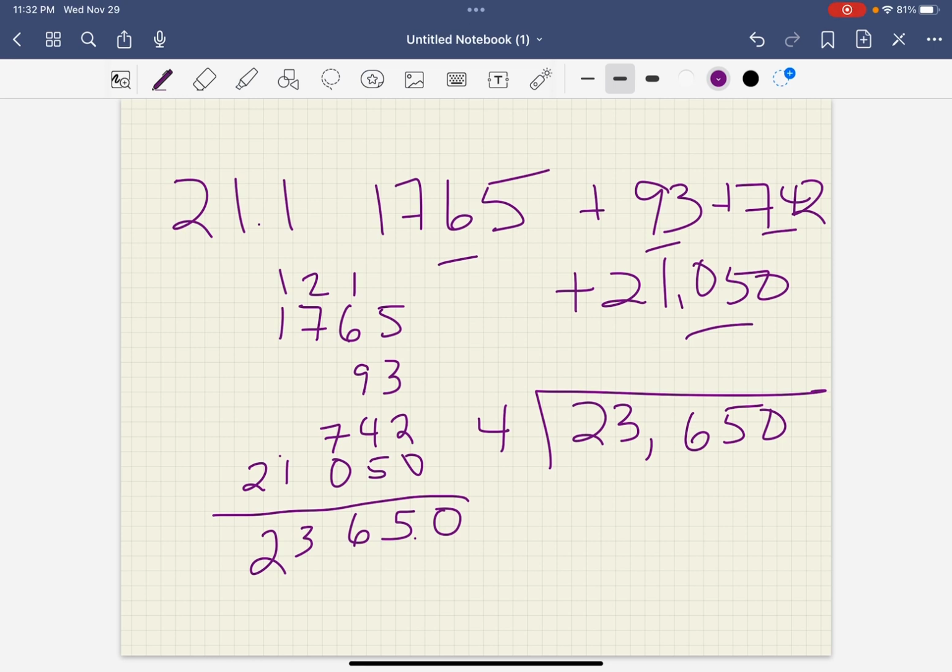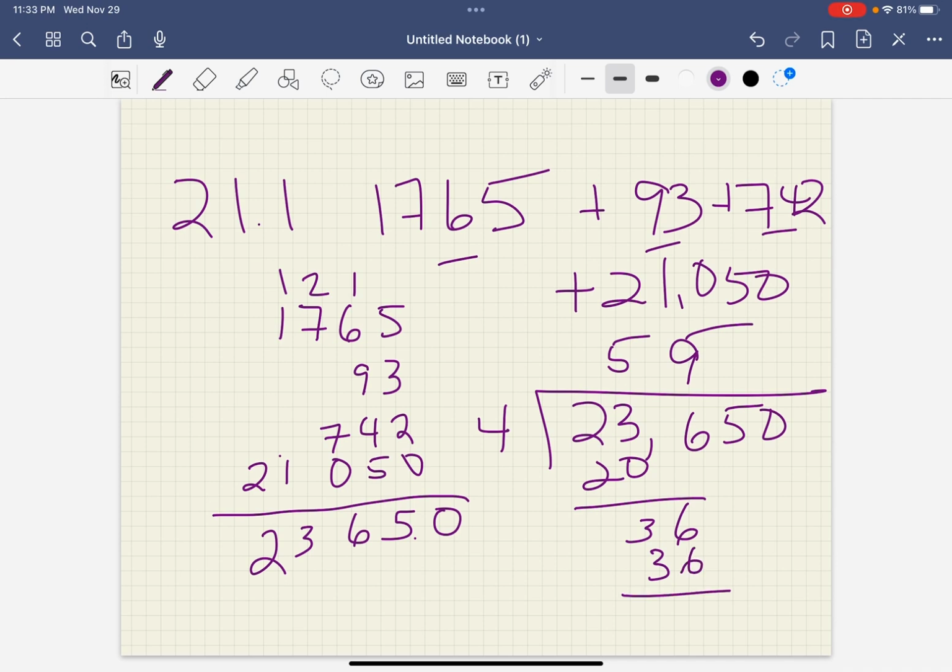So 4 doesn't go into 2. 4 goes into 23 5 times. Subtract and bring down the next number. So how many times does 4 go into 36? 9 times.